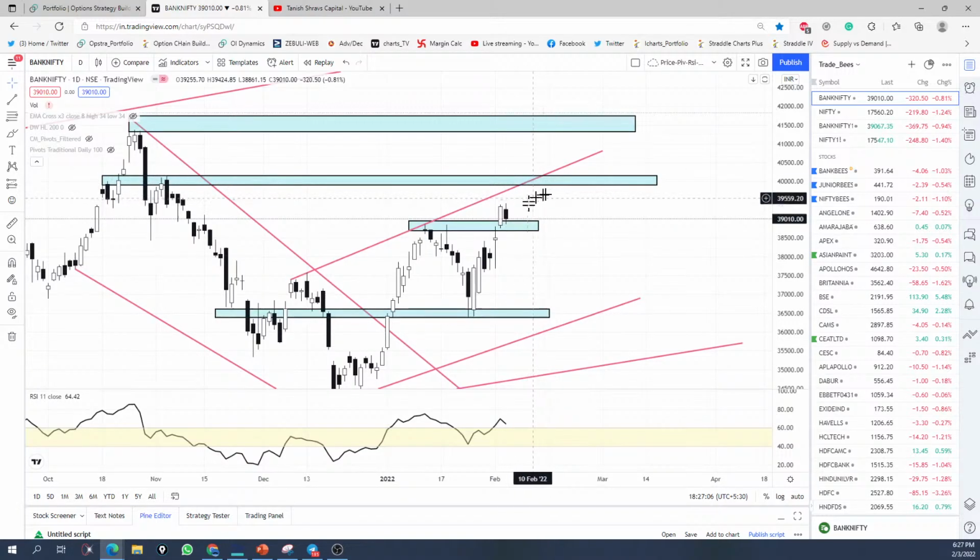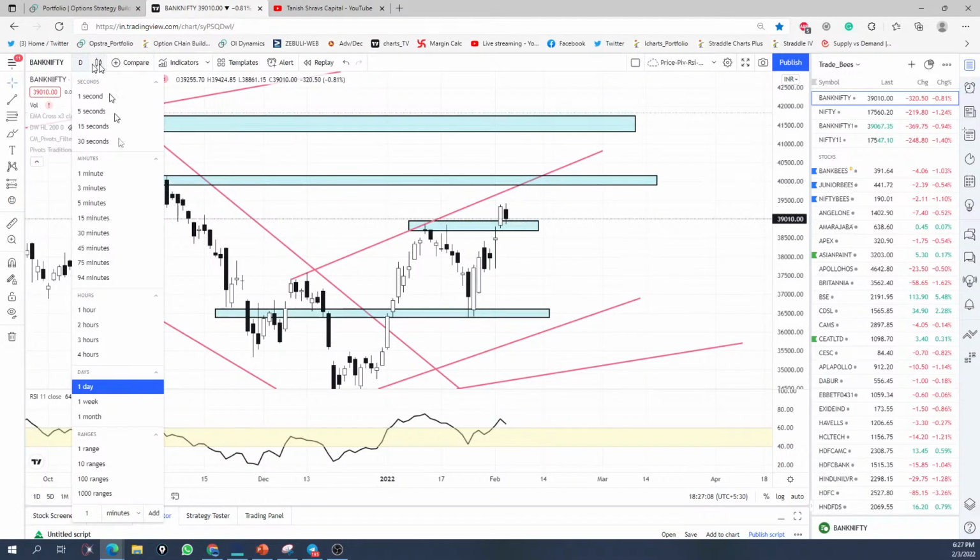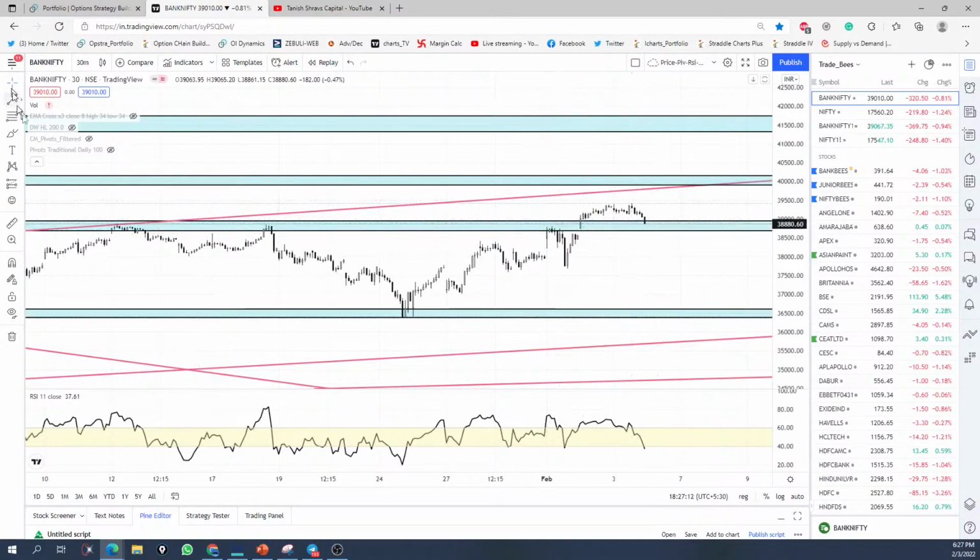Max to max, what can happen? There is a gap, right? Drilling down to the lower time frame, the 30 minutes chart, we have different gaps. What I'm expecting is the market to test those gaps to ensure that this bullishness is getting sustained or not.